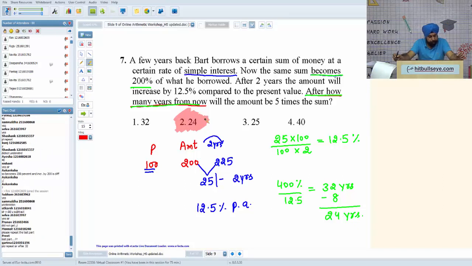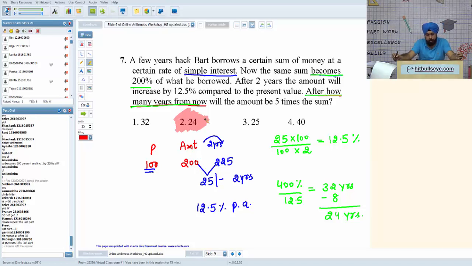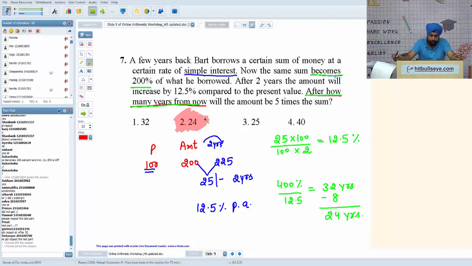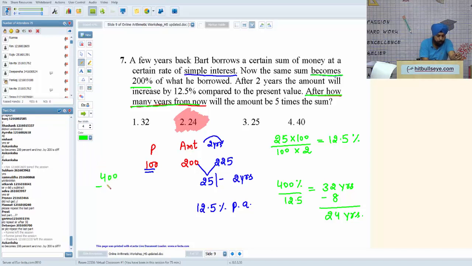Okay, let me explain the same. Garima, after 32 years, 8 years have already gone, because the same sum has already become 200%. All of you please focus on it again. See, you want to make this sum 5 times. 5 times means you want to earn an interest of 400%, and out of those 400%, 100% you have already earned, because the initial information says that the sum becomes 200%.